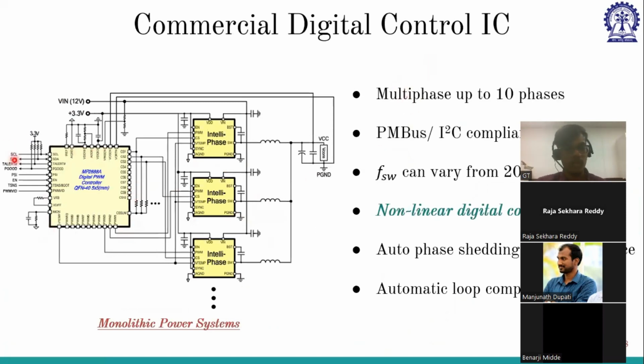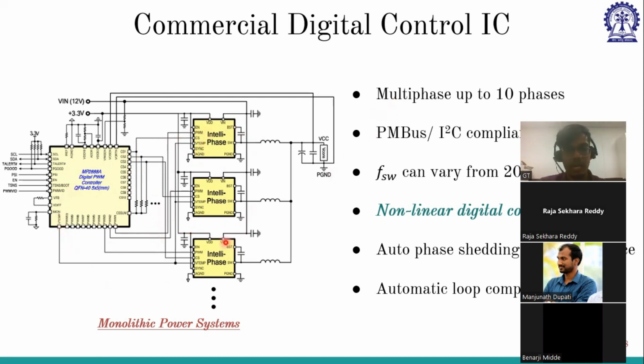So this is one of the ICs of monolithic power systems, and this is another power stage, a buck power stage. What they're saying is we can connect 10 such ICs to this particular IC. If you can see here, there is CS1 to CS10, and PWM1 to PWM10. These are all current sensing signals coming from these ICs, and this controller takes the information from them and then gives the PWM signals to all of them.